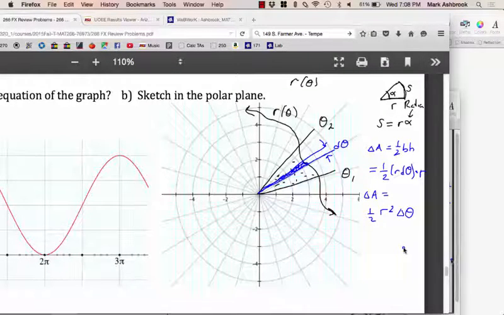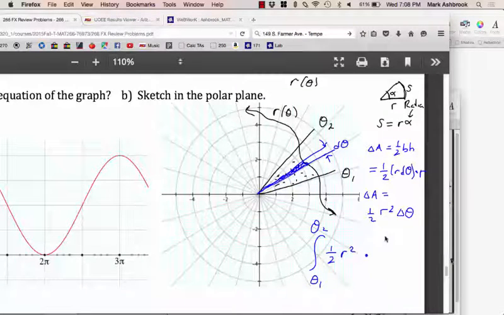Then we're going to integrate. We're going to sum up all the typical little pieces from theta 1 to theta 2. Each typical little triangle is 1/2 r squared d theta. Again, this is the area of a triangle, 1/2 base times height.